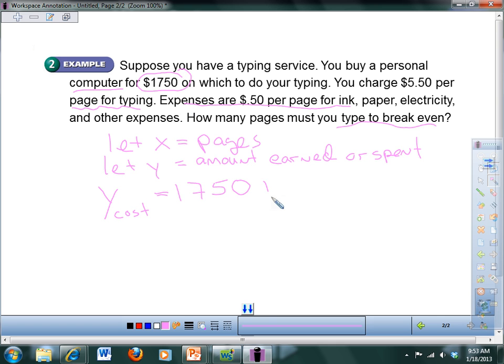So plus 0.50x. You follow what I did? You have an initial setup of $1,750, and each page costs you 50 cents. The y, which is your earnings, okay?